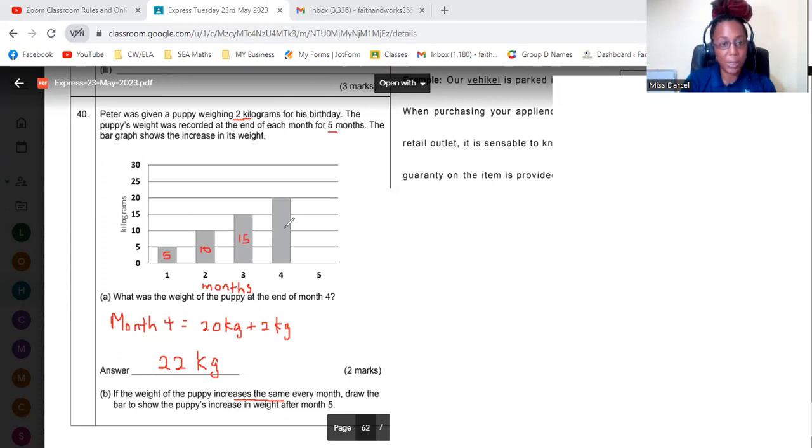Month 4 is 20, so it increases by 5 every month. So therefore it's going to be at 25. So 25 is here, so let's line it up and draw our bar. There we have it, and that is it.